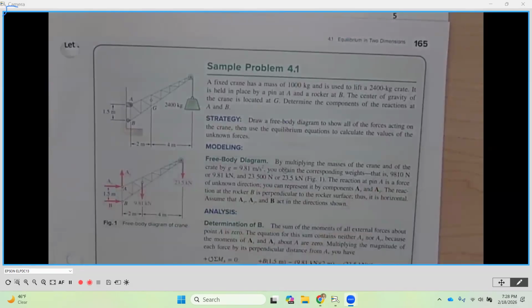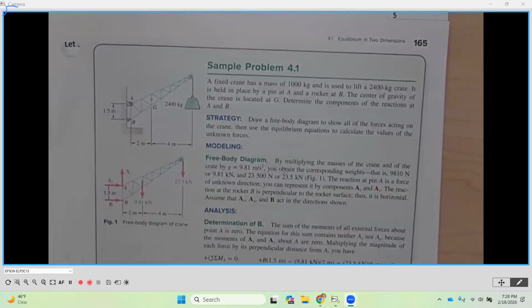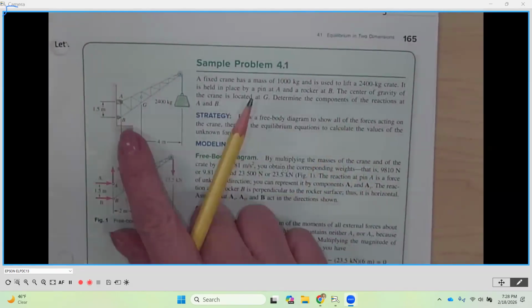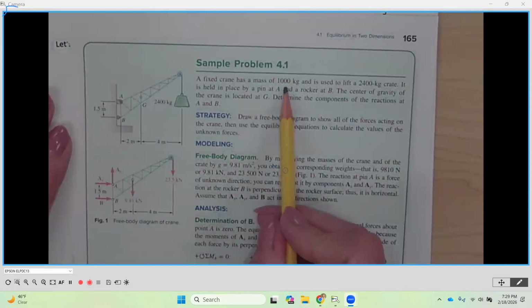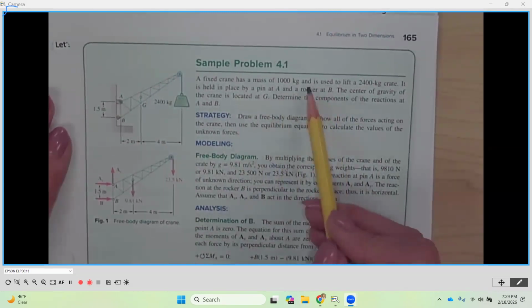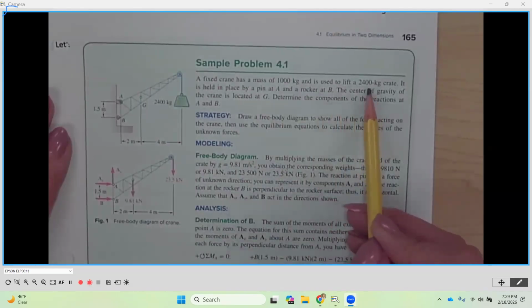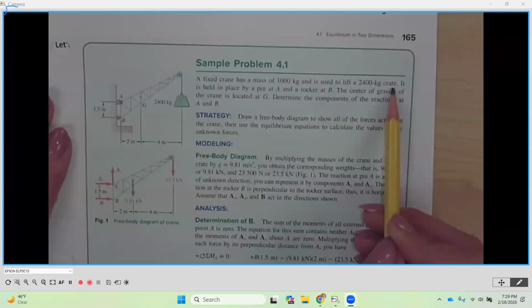So sample problem 4-1. It says here that we have a fixed crane, with supports at A and B. It has a mass of 1,000 kilograms, we'll deal with that in a little bit, and it's used to lift a 2,400 kilogram crate.